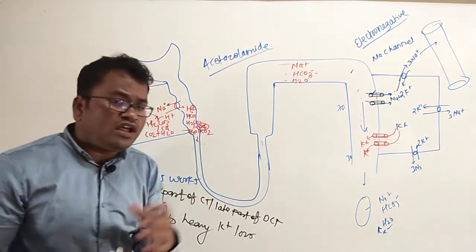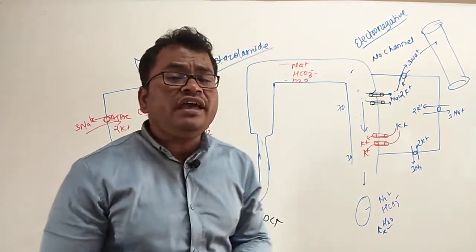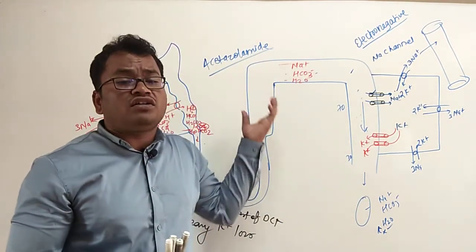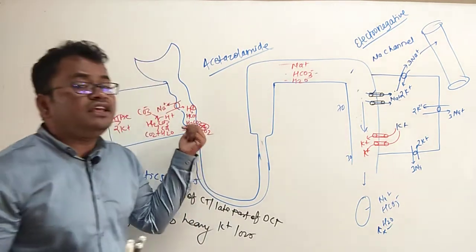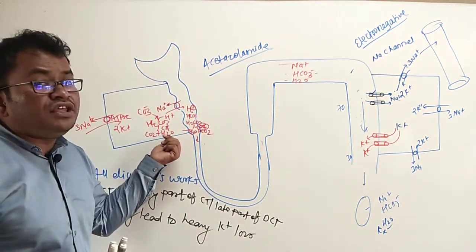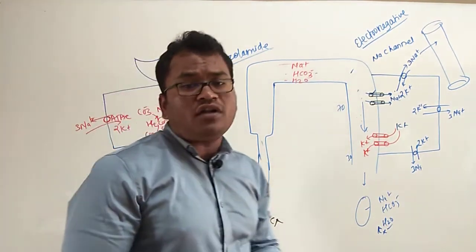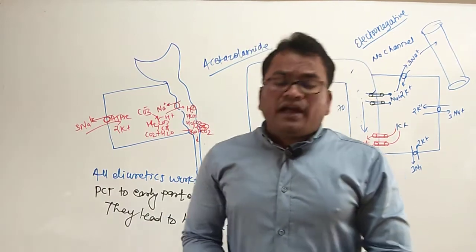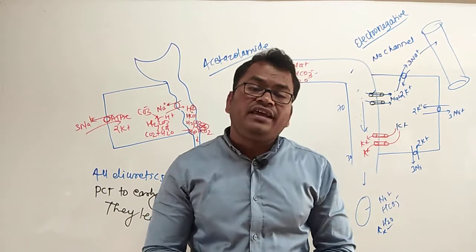Sodium is absorbed with chloride, bicarbonate ions, potassium ions and so on. Different mechanisms are present for sodium reabsorption in the PCT. Hence, acetazolamide or carbonic anhydrase inhibitors are not the most powerful diuretic agents.